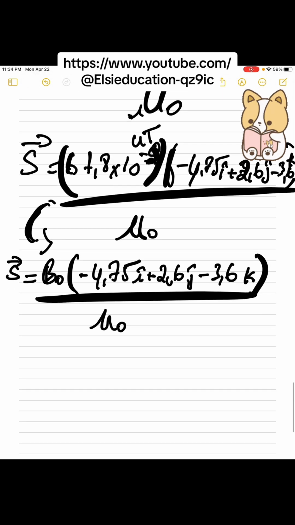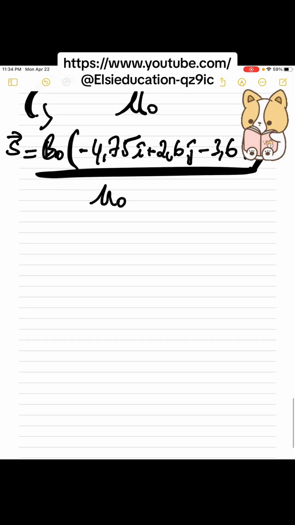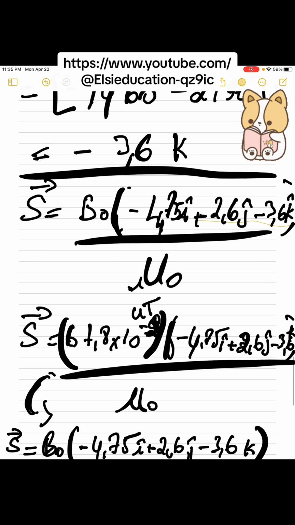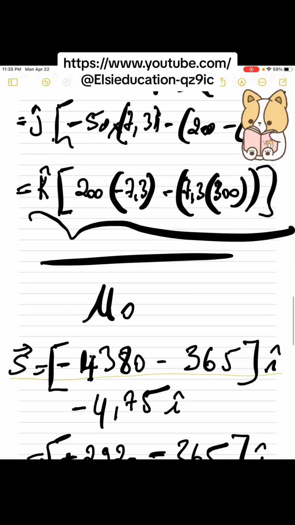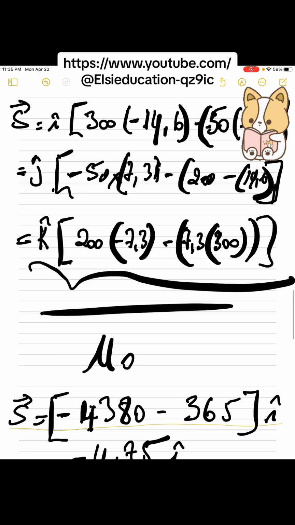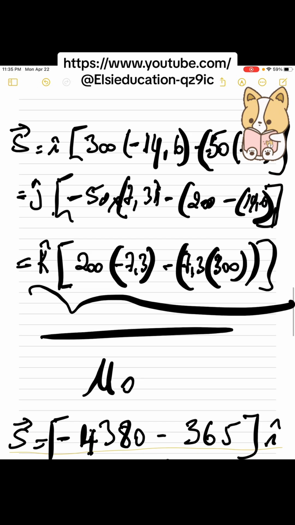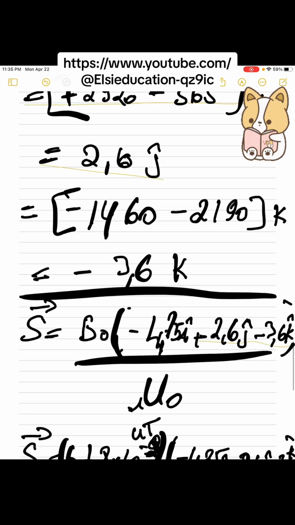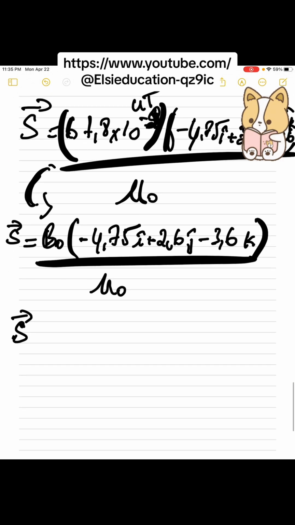Okay, so there is a rule here on this formula. So the Poynting vector, whenever you multiply by this here in this section here, we multiply everything that has to do with the direction of that section of the magnetic field.